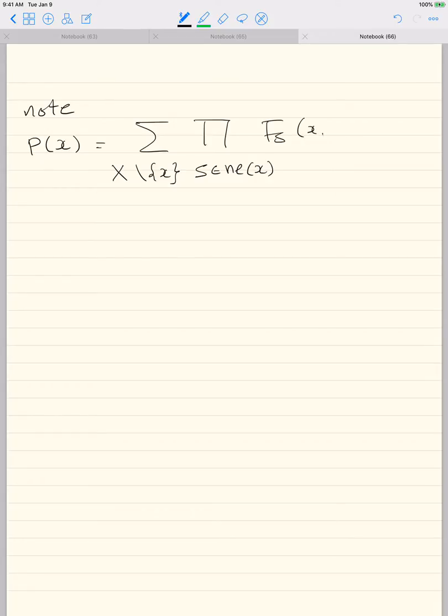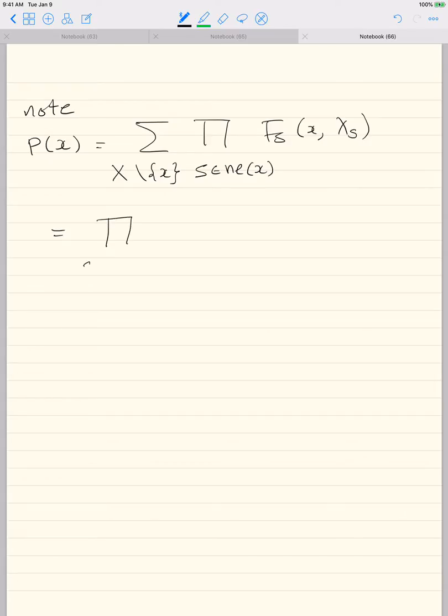Now note that if we want to marginalize with respect to this node x, then we have to sum this expression. So we can interchange the summation and the product.